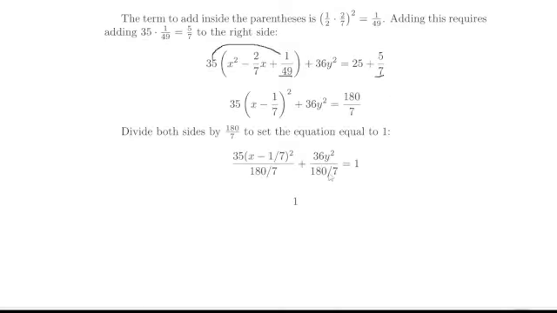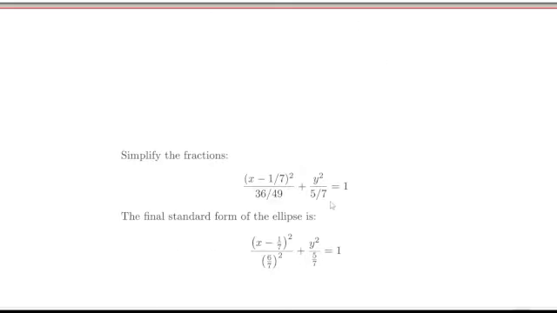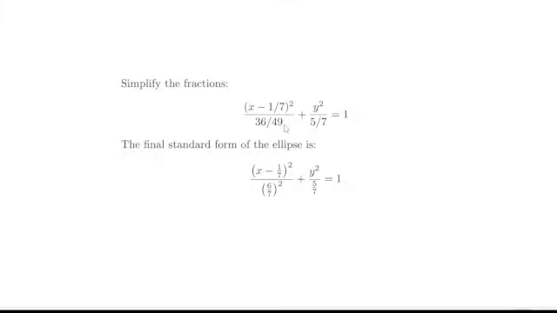And then before we had 36 over 180 over 7, that's the same thing as saying 1 over 180 divided by 7 times 36, which is 5 over 7. And so if you want, you can rewrite 36 over 49 as 6 over 7 quantity squared. So this will be the final answer and the final standard form of the ellipse.